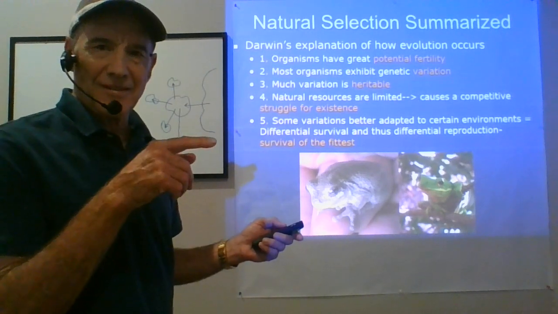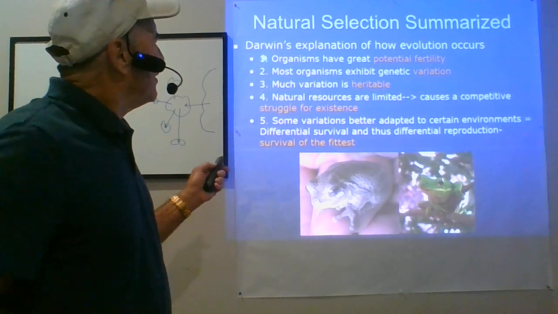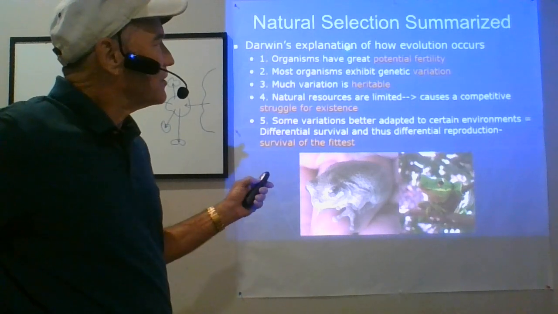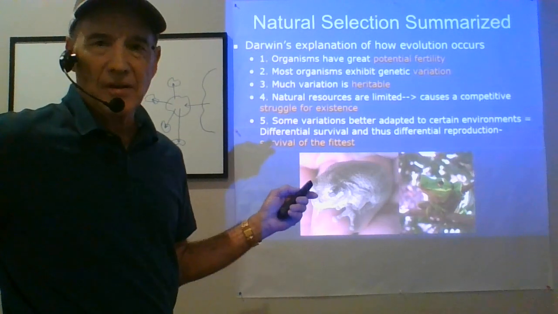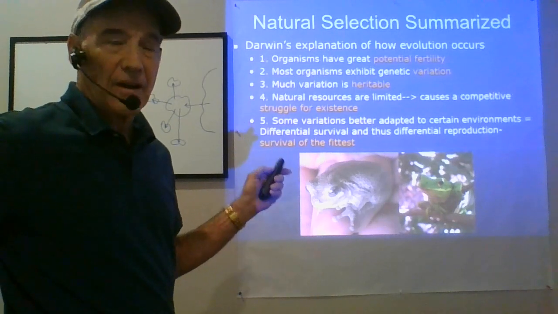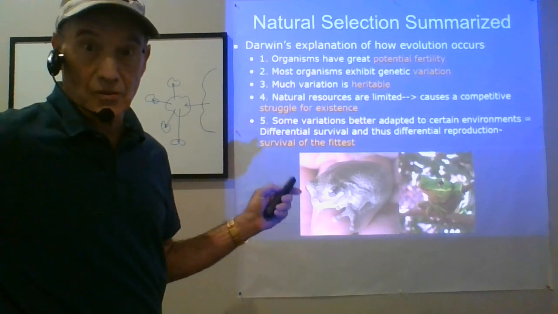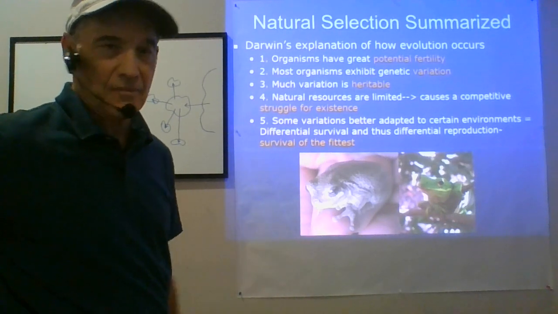Nature selecting. This is Darwin's explanation of how evolution occurs. These are the factors involved with evolution. These are the main factors.